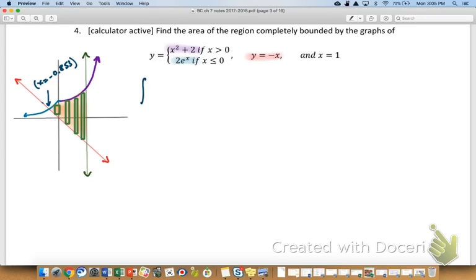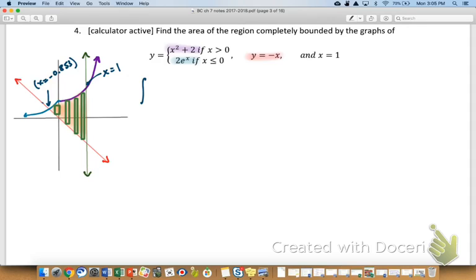So there are your bounds, and you're going to set up two separate integrals, each one going from each of the bounds to 0. Oh, wait a minute, this is x equals 1. Sorry, I overcomplicated that. Y is 3.